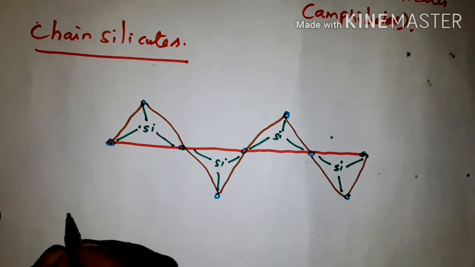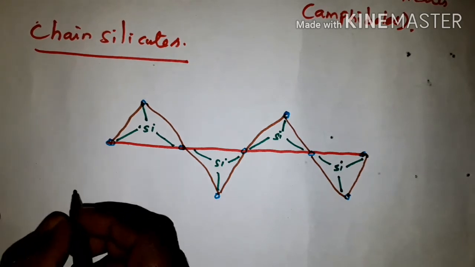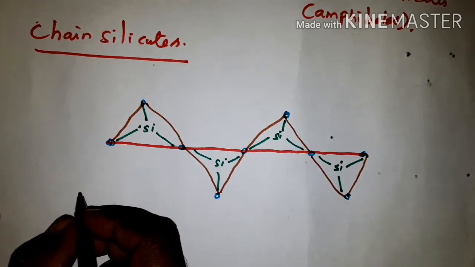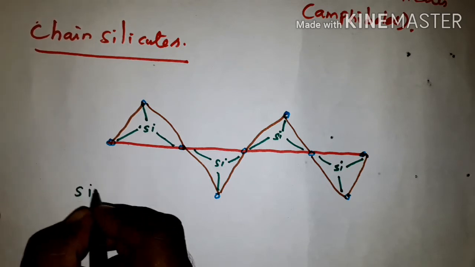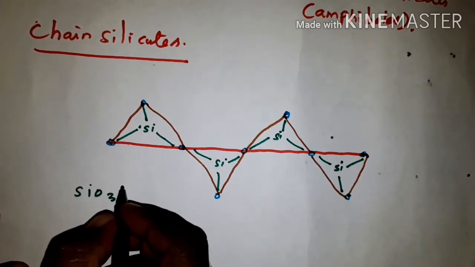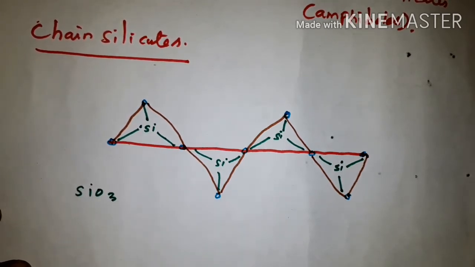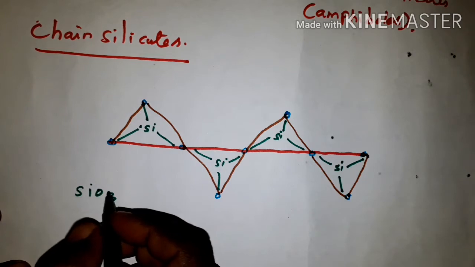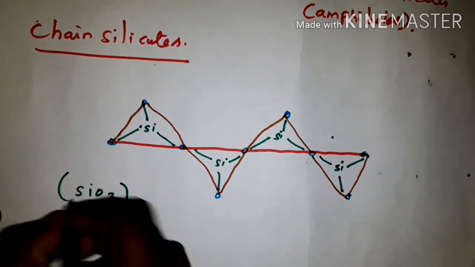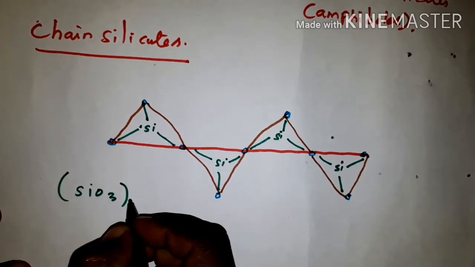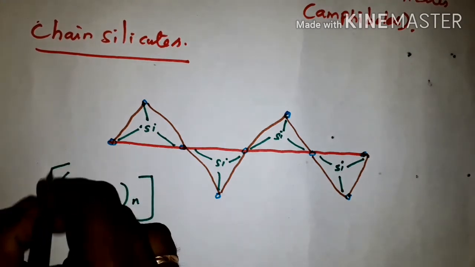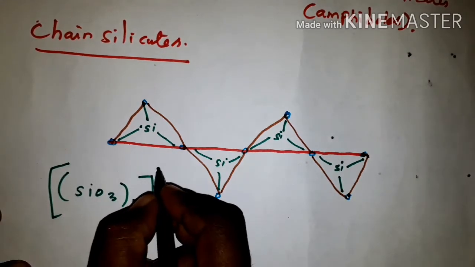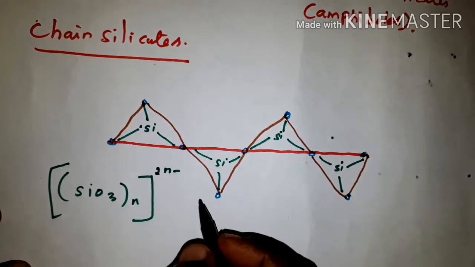Usually this chain silicate contains SiO3, n times, and 2n minus.